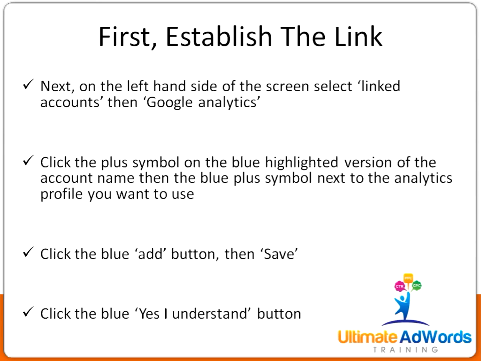Next, on the left hand side, we want to go to linked accounts, then Google Analytics. There's a plus symbol next to the account name, and then another one next to the profile. If you select the profile that you want to bring your goals from, then click the add, then save button, and then yes, I understand, if you're comfortable with the conditions.